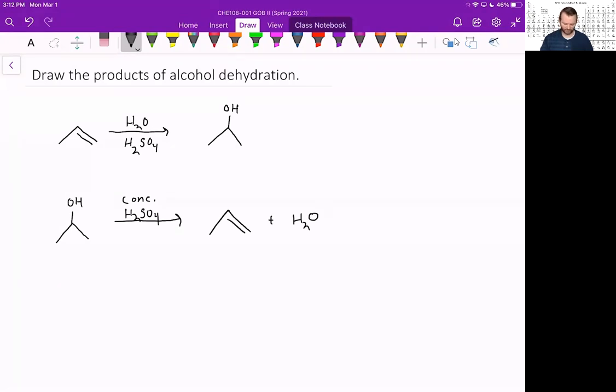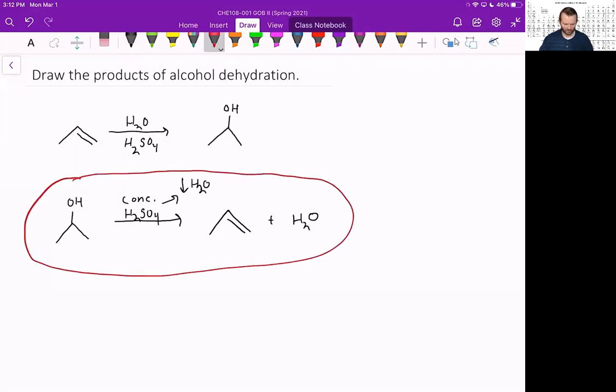So what I mean by that is concentrated H2SO4 means that you have a low concentration or a low amount of water. So the reaction will shift to produce more water. So this is an alcohol dehydration because the alcohol is having water removed from it to make an alkene.